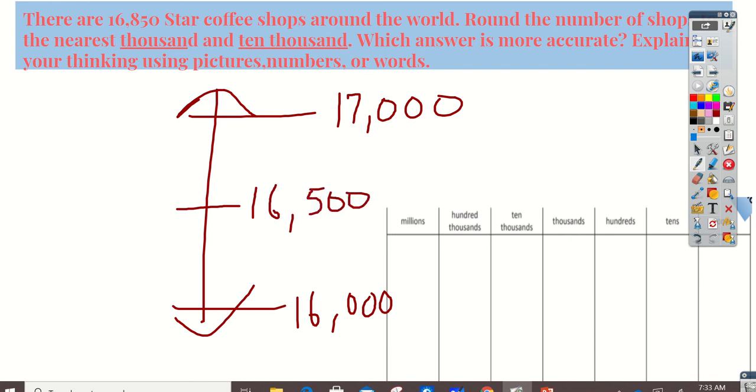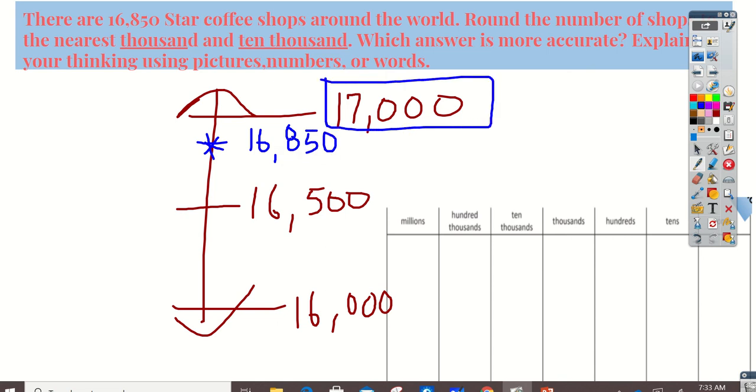But where would 16,850 go? When I say that number, I made an emphasis on the digit 8. 8 is bigger than 5. So that means it would go towards this high point here, making 17,000 its closest unit when rounding.